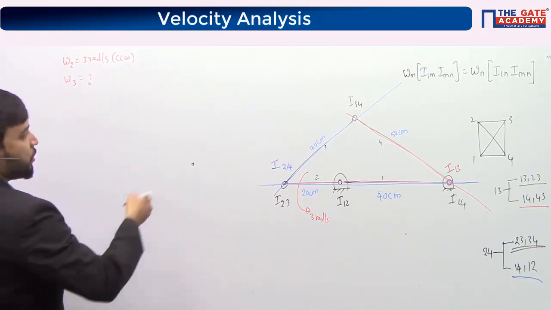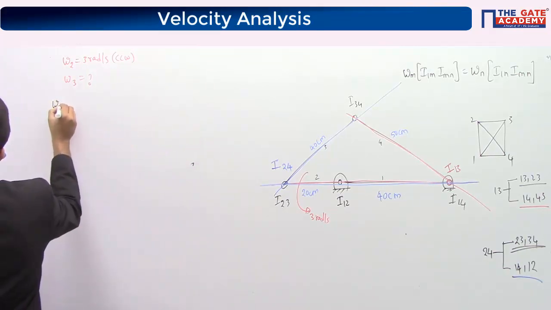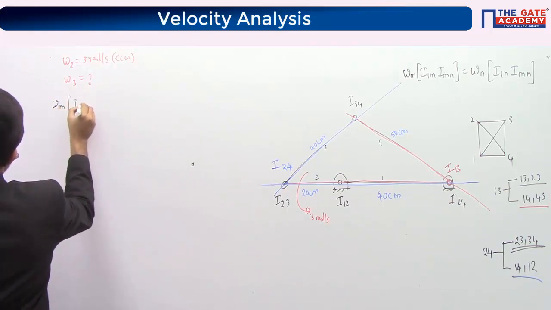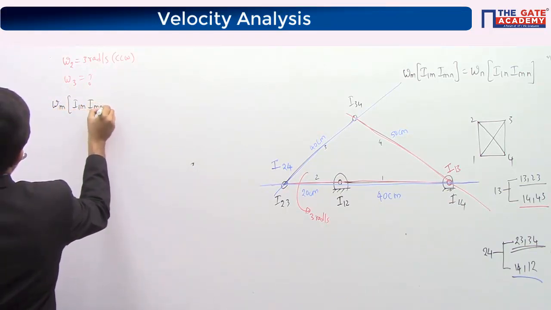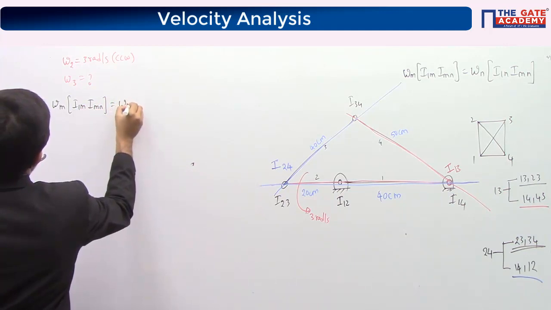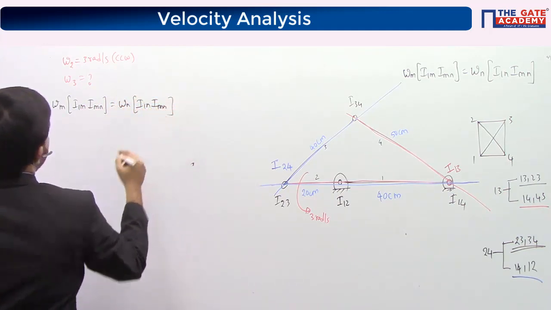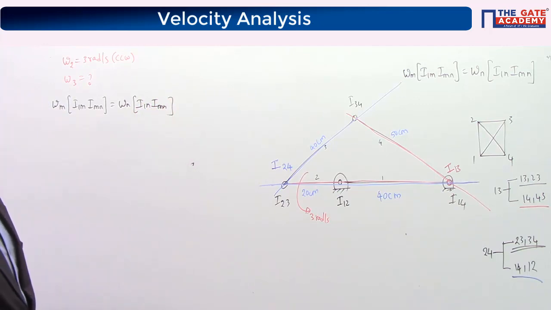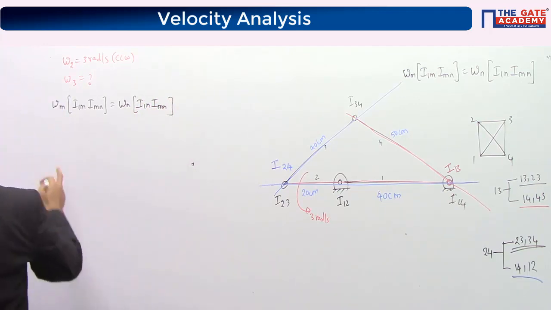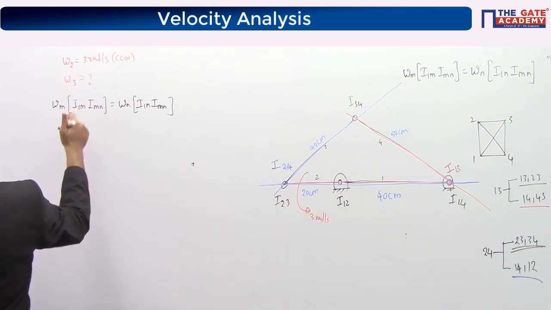So the generalized angular velocity ratio theorem: omega m into the distance between I1m and Imn is the same as omega n into the distance between I1n and Imn. I am assuming m is 2 and n is 3.